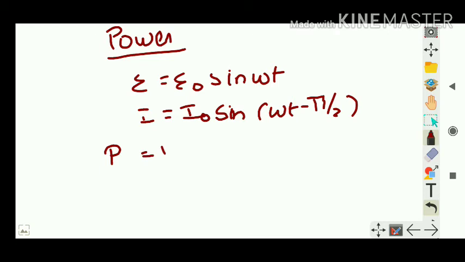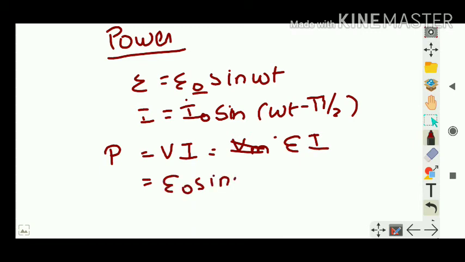P is equal to VI, or here, epsilon I. So I can write it as epsilon naught sine omega t into I naught sine (omega t minus pi by 2), just substituting.